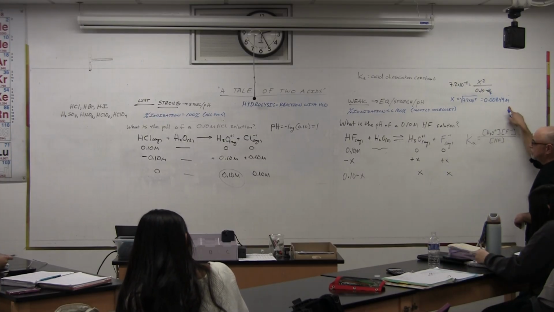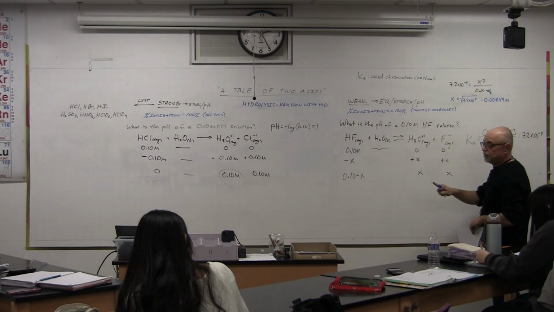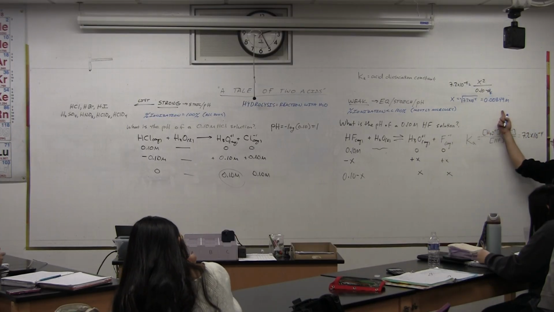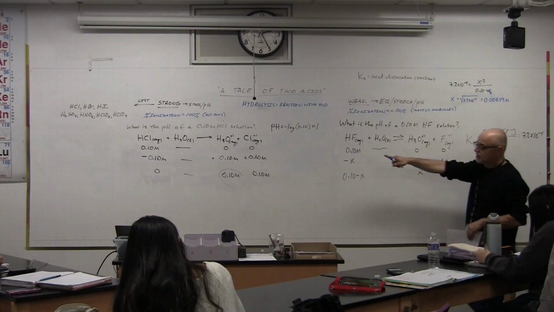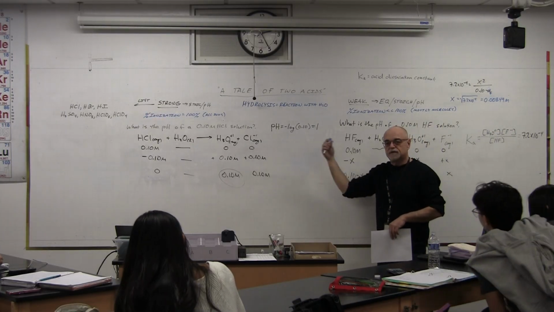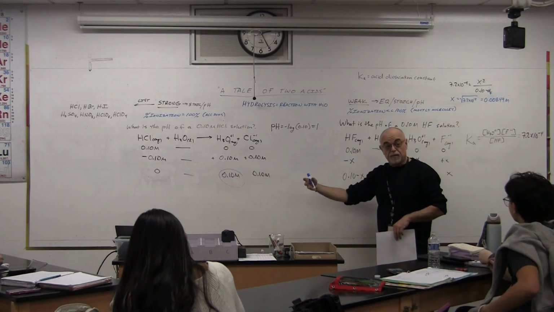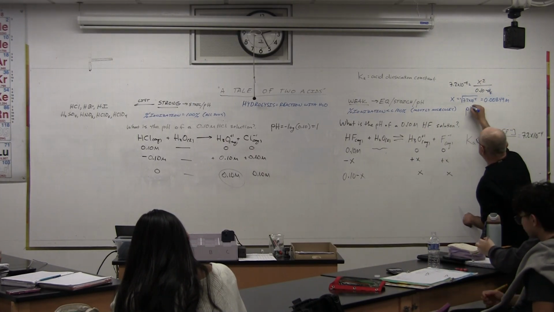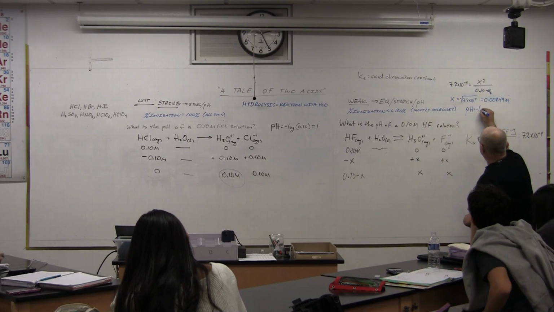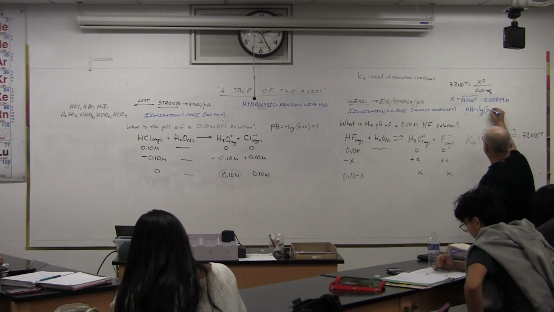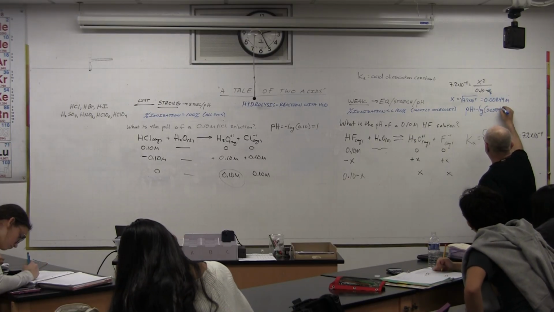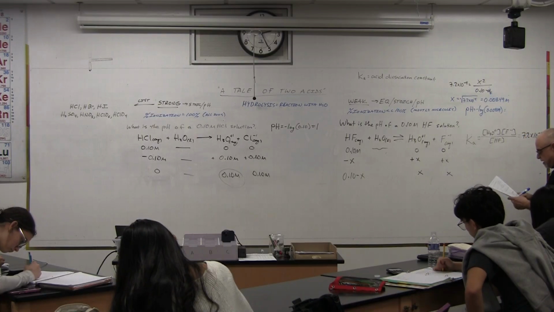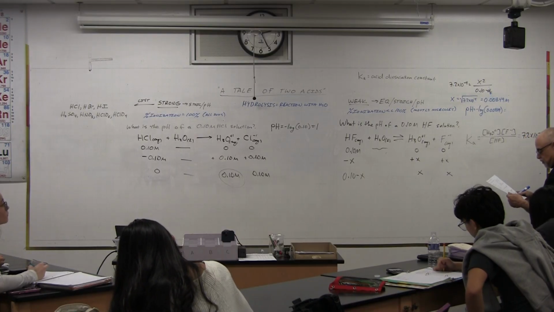So since that's the same as the amount of hydronium, the first thing you should notice, it's less than 0.1, isn't it? So that's already the first thing that's showing us the weak acid is different. It's not giving up all of its hydrogen. The actual pH in this case is taking the negative log of the hydronium. And when you do that, the pH you get is essentially 2.07.